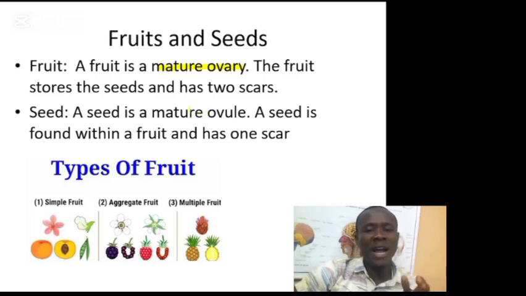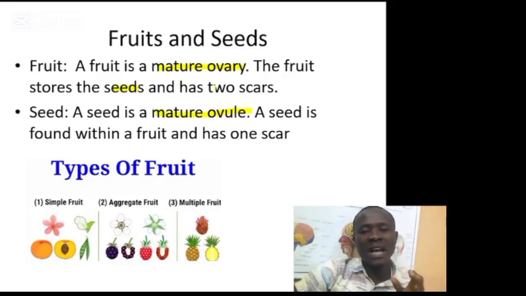So that's why we have it on this slide that a fruit is a matured ovary, while a seed is a matured ovule. And the fruit stores the seed, as it is the fruit that surrounds the seed.